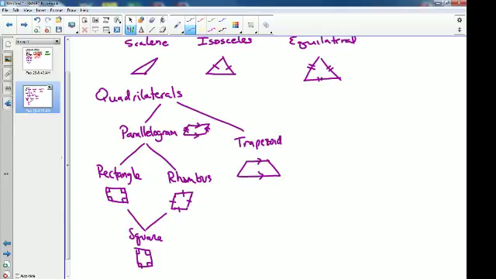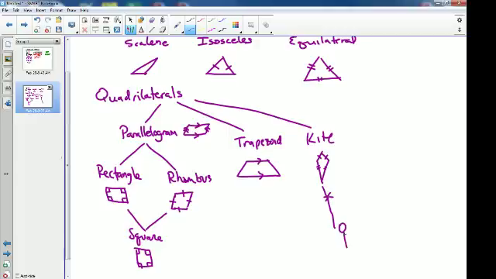And what else? A kite. Isn't that a rhombus? There's a kite. That's the actual geometric name for it. Yeah, that's the name for it.